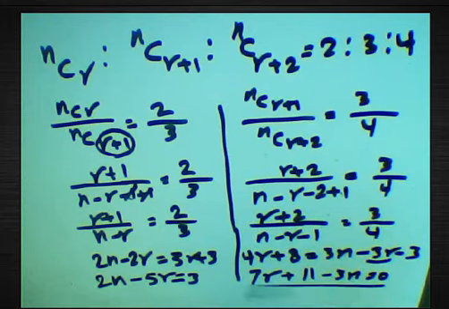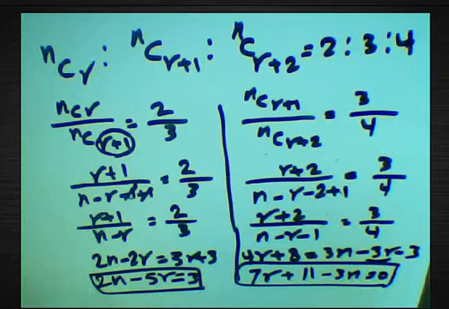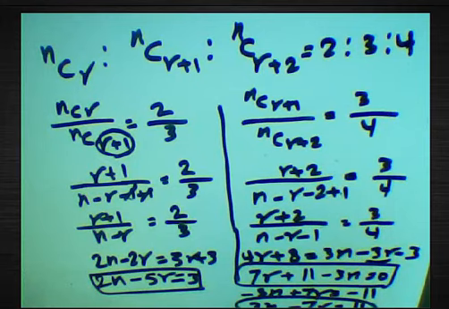Here we have two equations: 2n minus 5r equals 3, and negative 3n plus 7r equals negative 11, or we can write 3n minus 7r equals 11. So we can solve the two equations to find the unknowns.